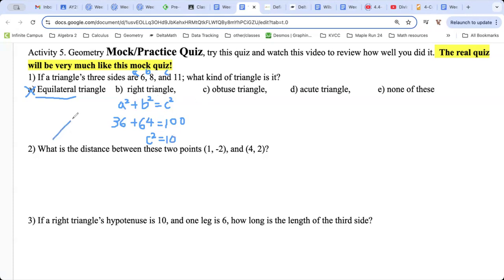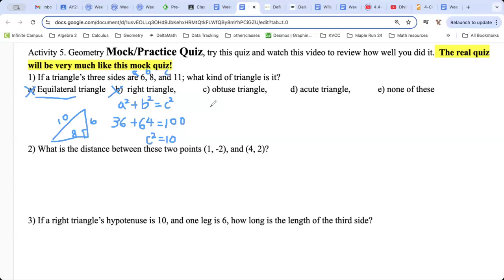If it's a right triangle with 6 and 8, the hypotenuse has got to be 10, right? If the hypotenuse is 10, that's a right triangle. But unfortunately, C is 11, so we know this triangle is not a right triangle.